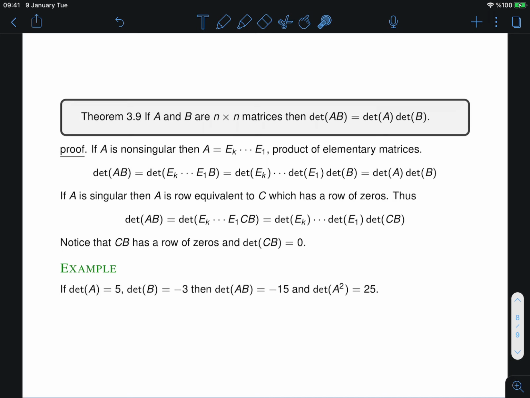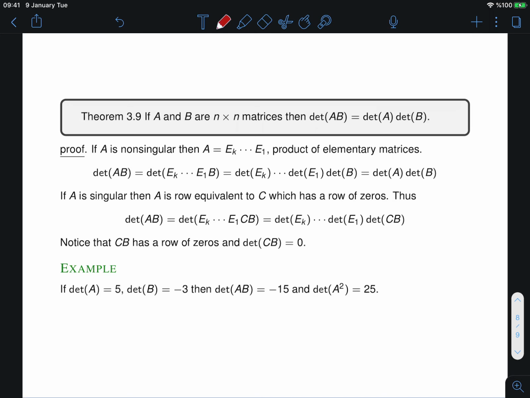If A is singular, then we know that it is row equivalent to a matrix which has a row of zeros. So A times B equals some elementary matrices times a matrix which has a row of zeros. Now I can still separate the determinants of the elementary matrices, and what remains is this part, C times B. What is the determinant of this?